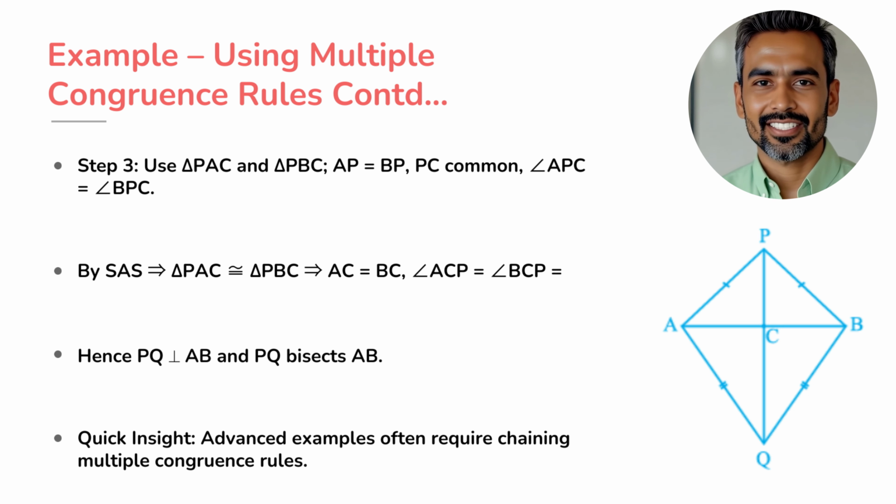So, we have successfully proved that PQ is perpendicular to AB and that it also bisects AB. The quick insight here is that advanced geometry problems often need a chain of congruence rules, not just one, but multiple steps to reach the final proof. Isn't it interesting how layering these rules together gives us a complete picture?